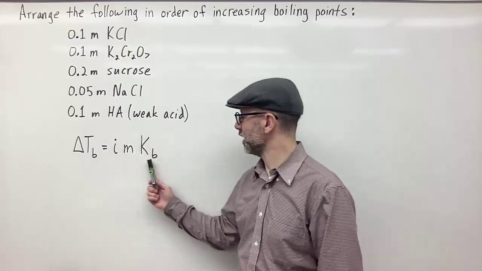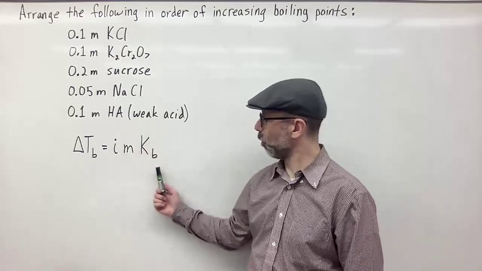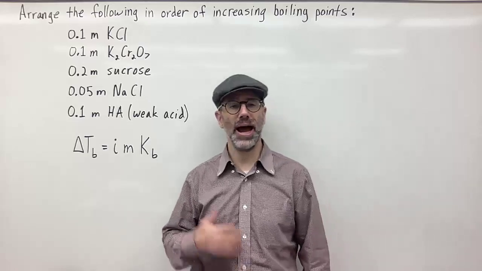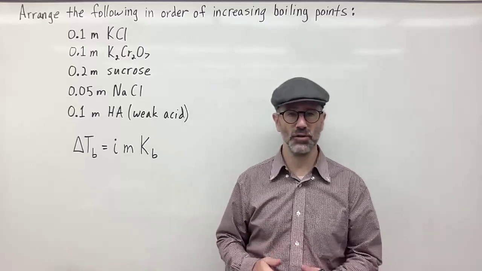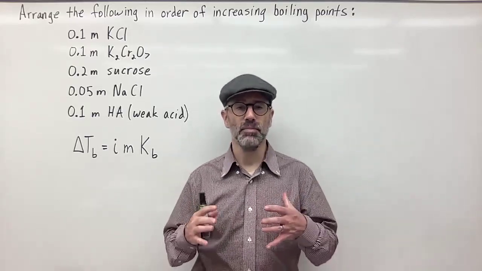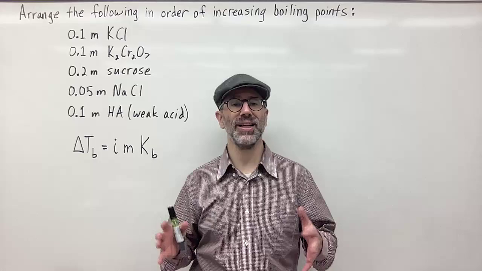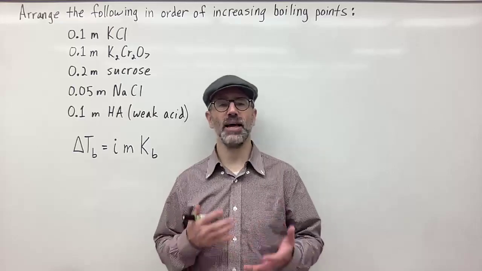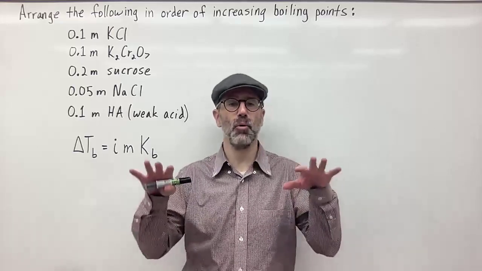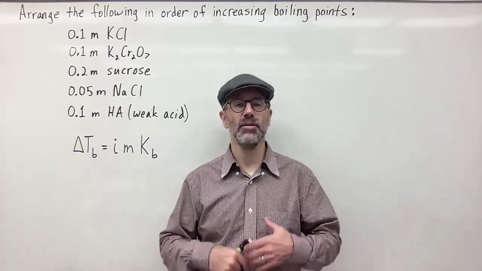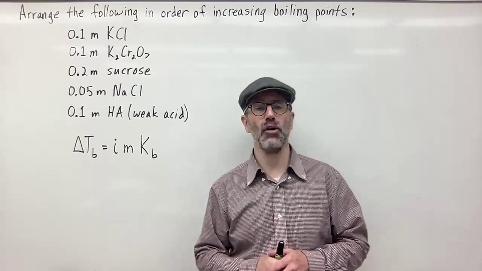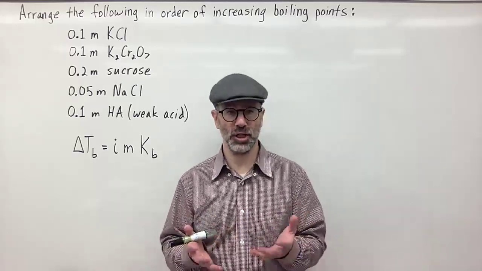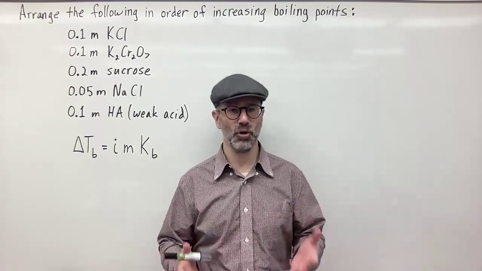And then we have the boiling point elevation constant. Whenever you dissolve something in water, the boiling point of the solution will increase compared to that of pure water. We saw the same thing with the freezing point depression, right? If you dissolve something in water, then the freezing point of the solution is going to be less than that of pure water.